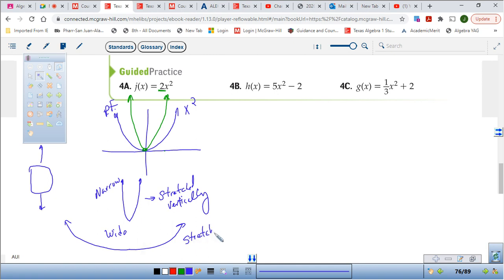These are words from your STAR test. Stretched horizontally. Does that make sense, guys, what I'm putting there? Well, on this one right here, if I stretch it to the sides, it gets wider. And it's like a marshmallow. Yeah, it would get wider.